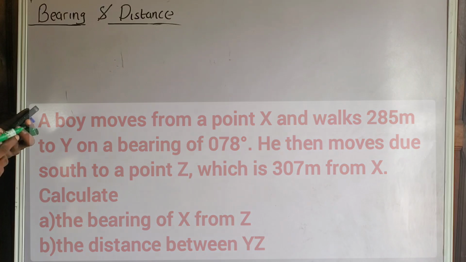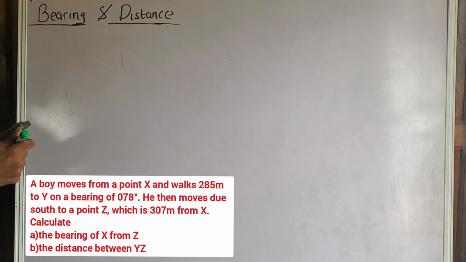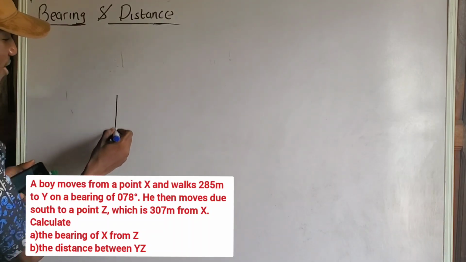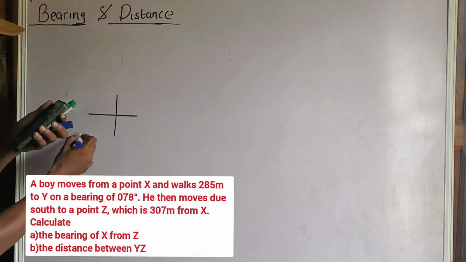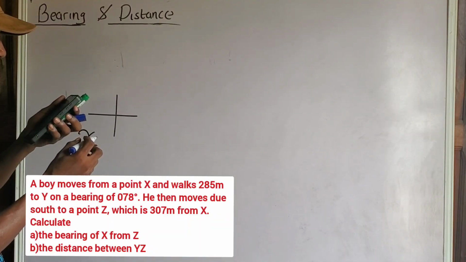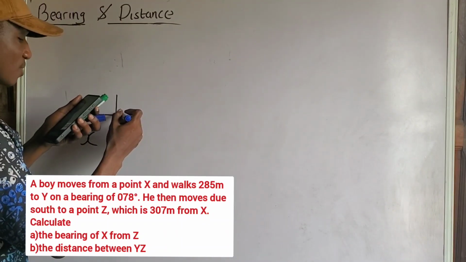A boy moves from a point X and walks 285 meters to point Y on a bearing of 78 degrees. So let us first draw the cardinal points here. This is point X. The boy moves from this point to another point, which is Y, and the bearing is 78 degrees.